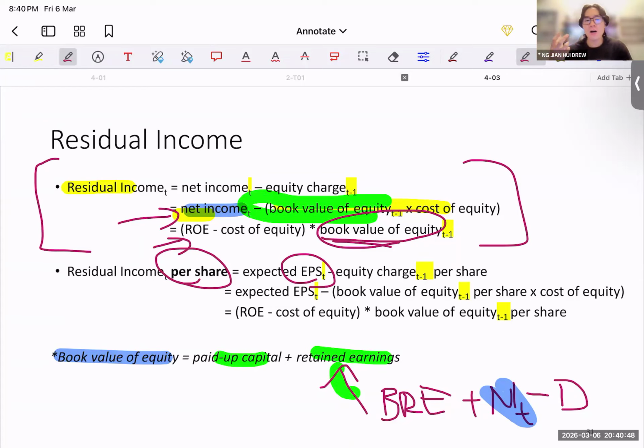So you might wonder, how do I determine residual income from earnings per share? So I put it one after the other to show you that the earnings per share is simply net income per share. So it's exactly the same. We can use the earnings per share as well, just that everything else has to be per share: equity charge per share, book value of equity per share.